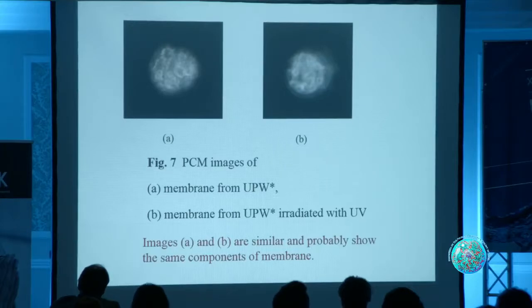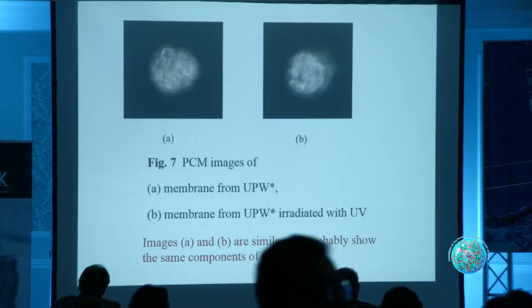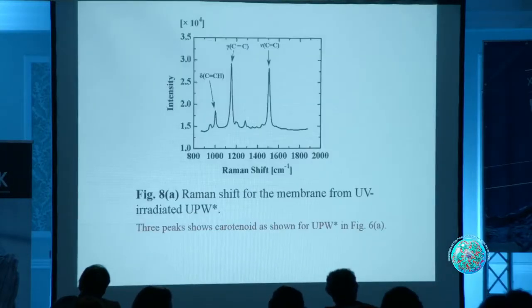This figure shows a PCM image of a membrane from UPW*, which was shown before, and B, a membrane from UPW* irradiated with UV. The images A and B are similar and probably show the same components of the membrane. This figure shows the Raman shift for the membrane from UV irradiated UPW*. Three peaks are also shown, and these three peaks show carotenoid as shown for UPW* in figure 6.8.